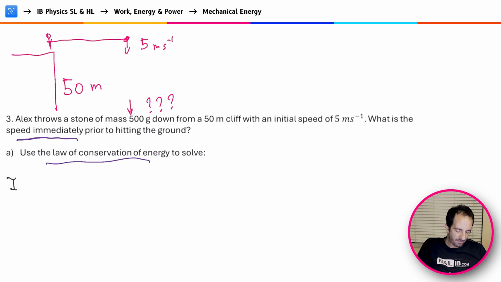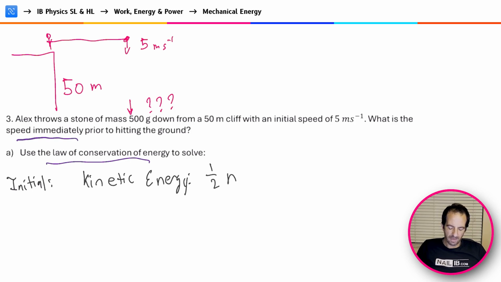So this stone will have both kinetic and gravitational potential energy. Its kinetic energy, which comes from that 5 meters per second, is 1/2 mv squared, which equals 1/2 times the mass of the stone, 0.5 kilograms, times the velocity, 5 meters per second, squared.